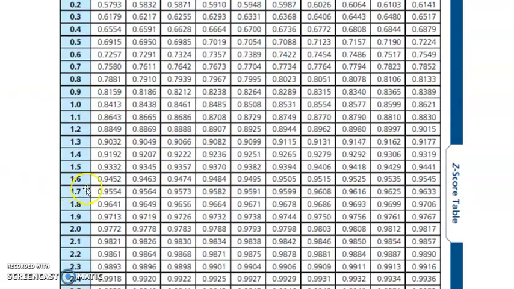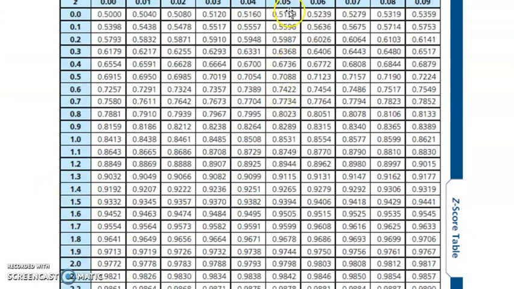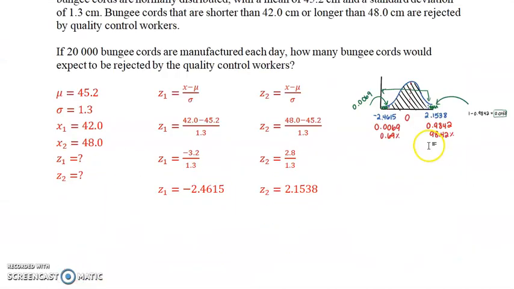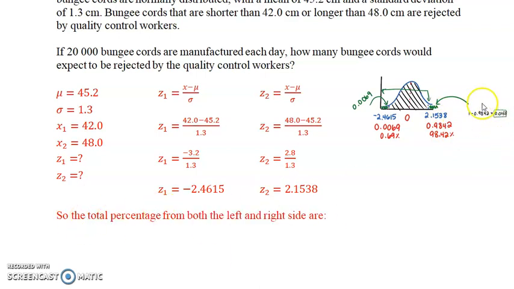It's the second sheet. 2.1 and 5 is right here. That would be 0.9842, so 98.42%. But again, we subtract it from 1. We're interested in the 0.0158.